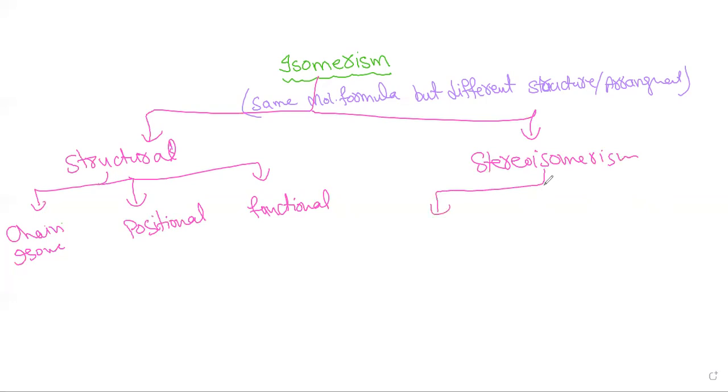In stereoisomerism, we have two types: geometric isomerism and optical isomerism.